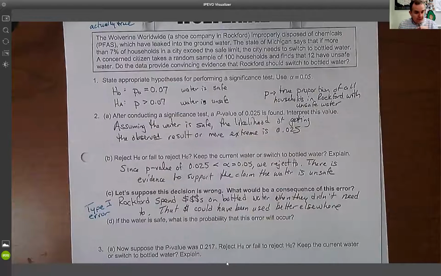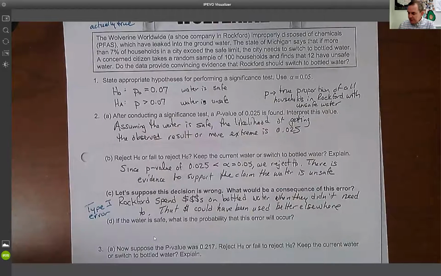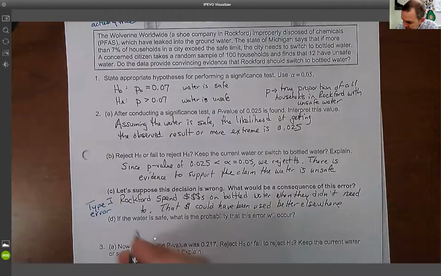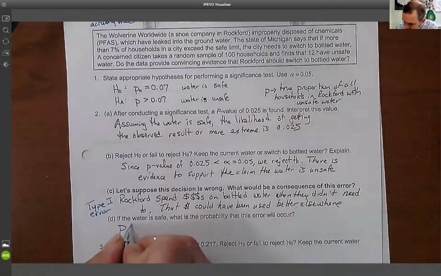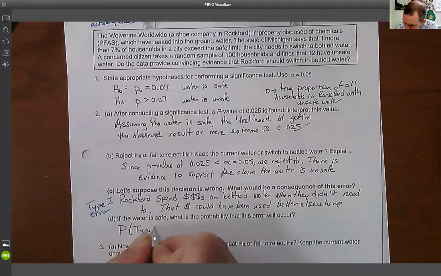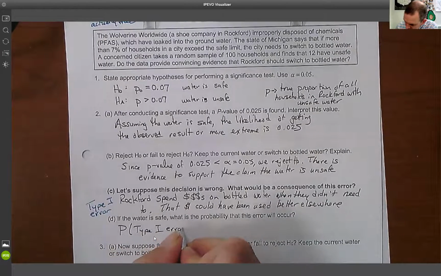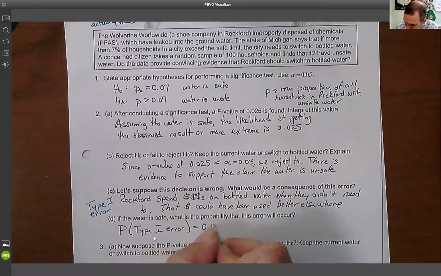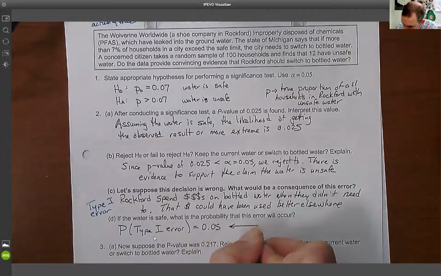So the next question says, if the water is safe, what is the probability that this error would occur? If we look at this, the probability of committing a type 1 error is equal to 5%. That just so happens to be our significance level.